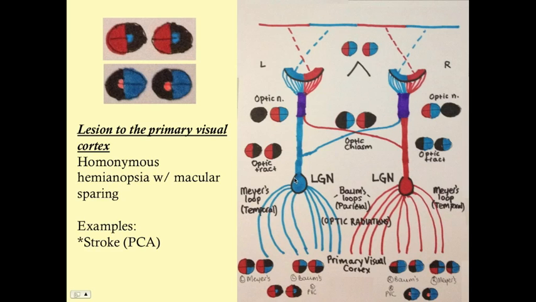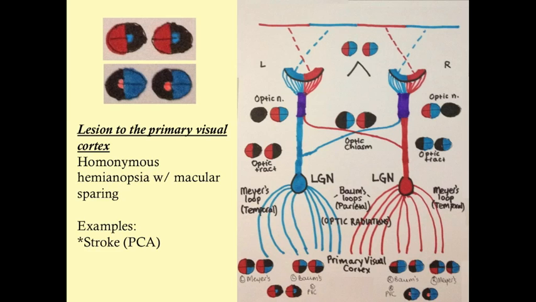The difference, however, is that there's a little part in the middle, a few neurons that make up the middle part of your visual fields, both on the left and on the right, that are fed vascularly by both the left and the right PCA.